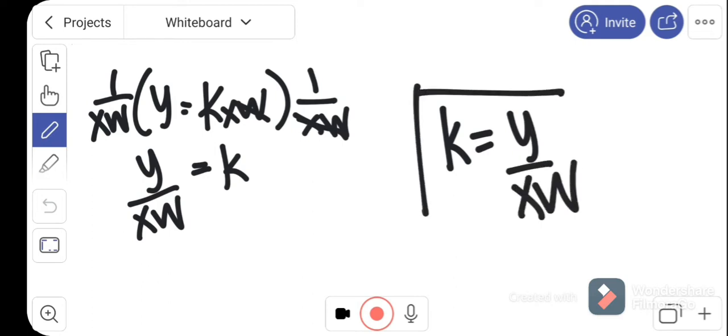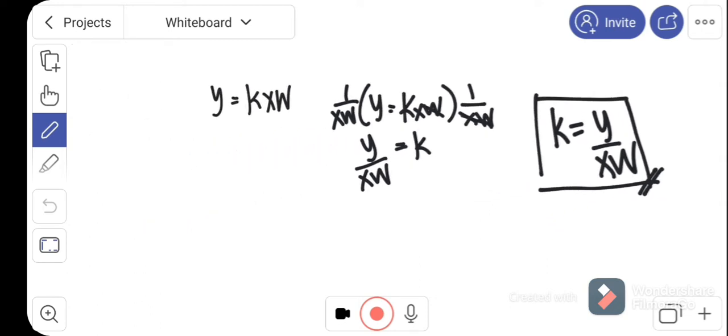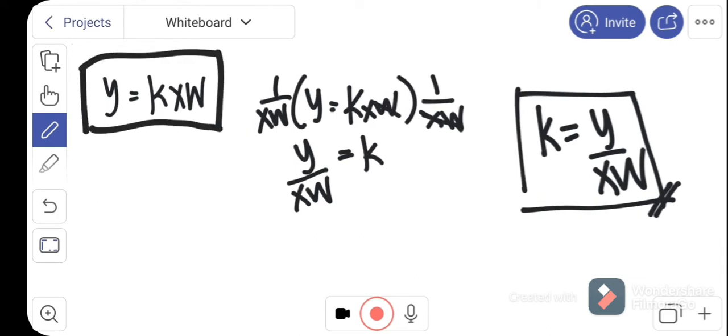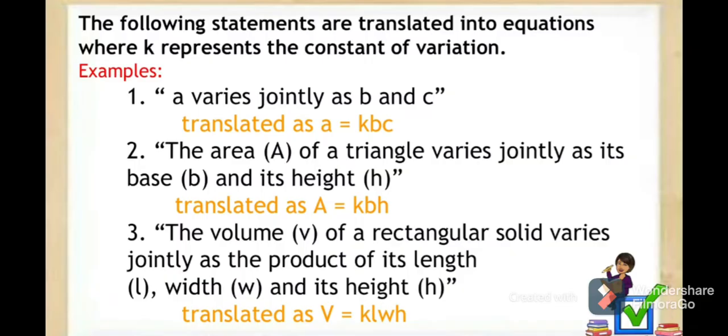This is now the formula that we can use in finding the value of the constant of variation. Remember, we will simply derive the original joint variation equation that we have.